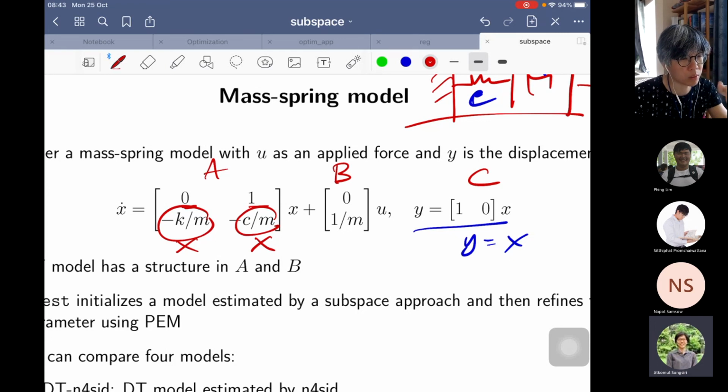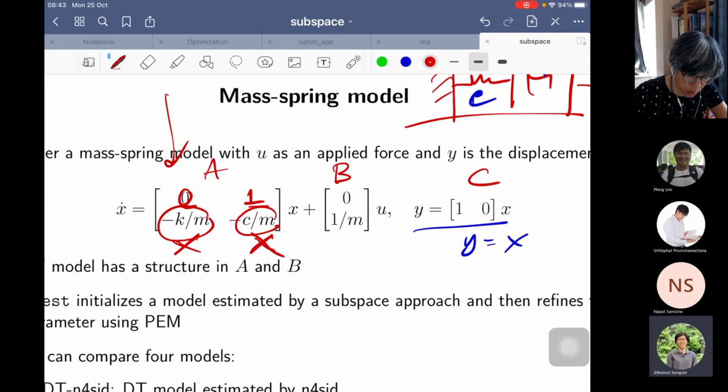When you estimate, you only want to estimate these two parts, and you want to retain this structure, that A contains 0 and 1 in the top row.